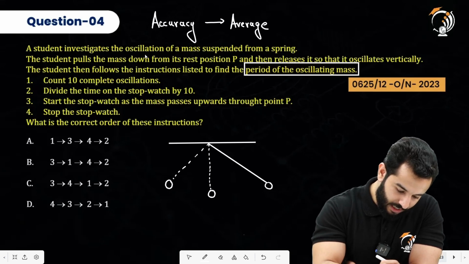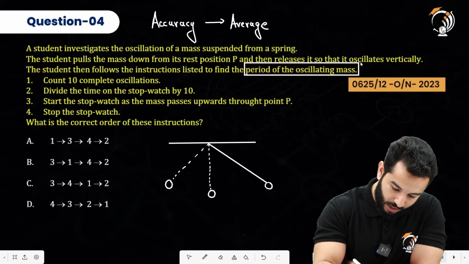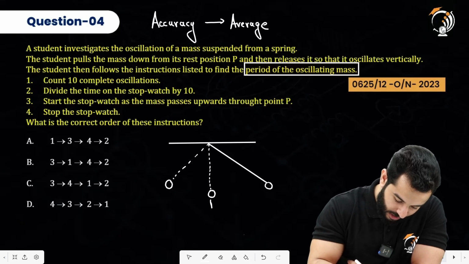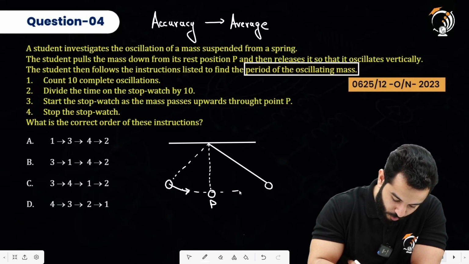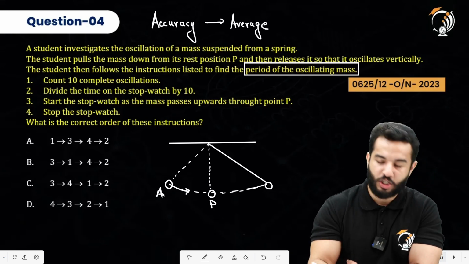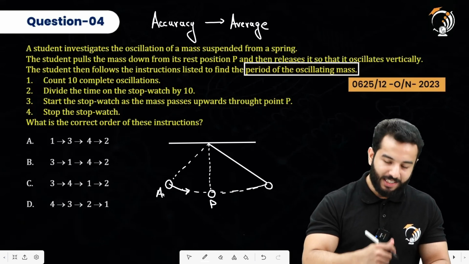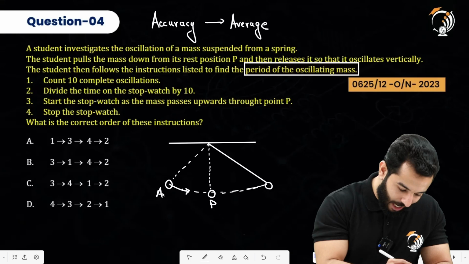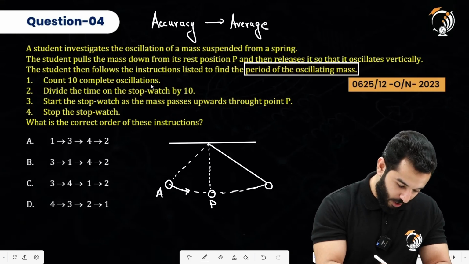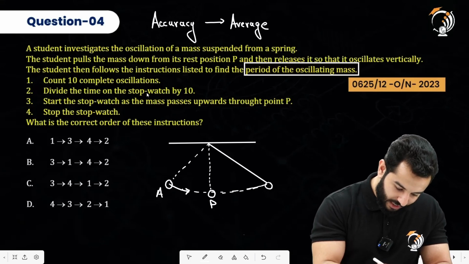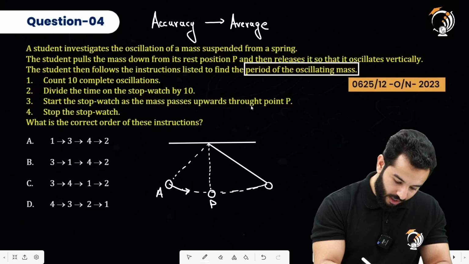And let's say the question says the student pulls down the mass from rest position P and then releases, so let's say this is the rest position and the student releases it over here. So the complete swing is going to be something like this when this pendulum reaches back to point A, right? So the first thing is to actually take the multiple readings, right? Count 10 complete oscillations, divide the time by 10, start the stopwatch as the mass passes upwards through point P.